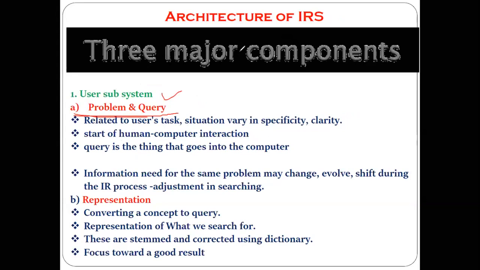Now, the second component, after the user types the query, is the representation. What do you mean by this second component? When you type anything on the search engine, the second component is the representation.